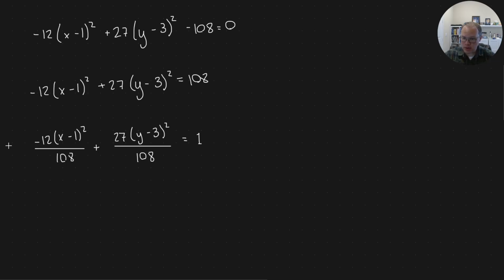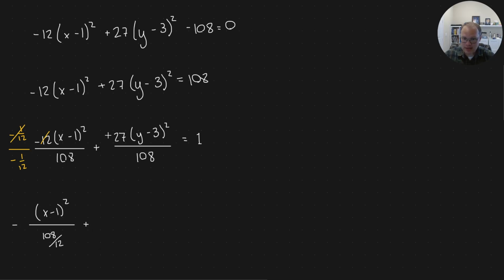And so what I'm going to do is multiply top and bottom of the fraction by the reciprocal of that number. Negative 1/12 times negative 12 goes away. And so that leaves me just 1 on top times the (x minus 1) squared over, and then on bottom I get negative, actually I'm going to leave the negative over here, 108 over 12.